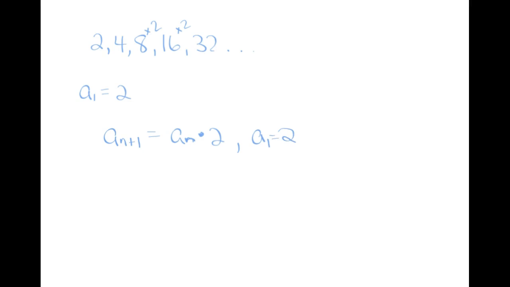I wrote it there, but it has to be a part of the written equation. So you could write this a little bit nicer. You can say a of n plus 1 equals 2 times a of n. And the initial value is 2. So there is a geometric sequence turned into a recursive formula.